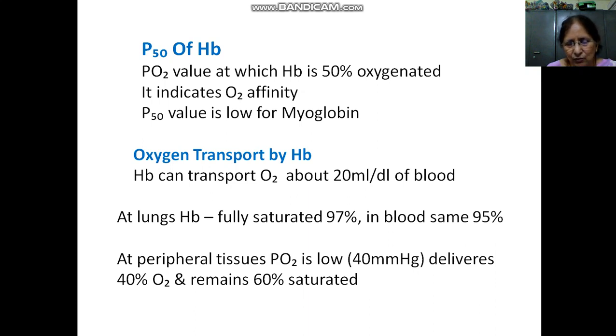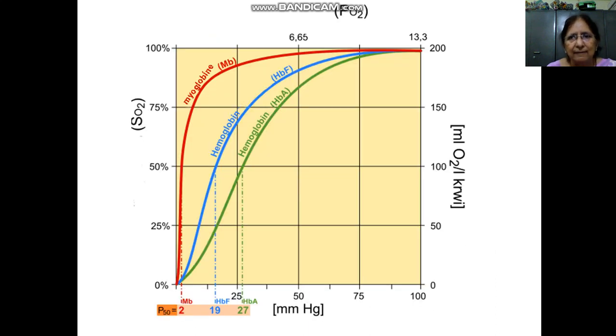At peripheral tissues, where the PO2 is less, 40 millimeter of Hg, it delivers 40% of its oxygen and remains 60% saturated in the peripheral tissue capillaries. You see the dissociation curve, and here is the P50 value. For myoglobin it is 2, for fetal hemoglobin it is 19, and for adult hemoglobin it is 27, showing the difference in the affinity of these different hemoglobins and myoglobin.